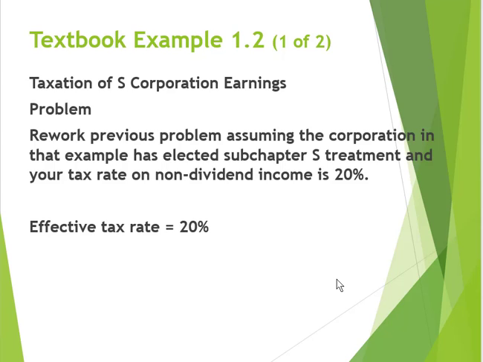So again, for an S corp or for a partnership or for a sole proprietorship, the taxation on this $8 is only 20%. So the difference between 20% for partnerships and sole proprietors and the 40% for corporations hopefully is an indication that the taxes to owners of a corporation are much higher than the taxes to those of sole proprietorships.